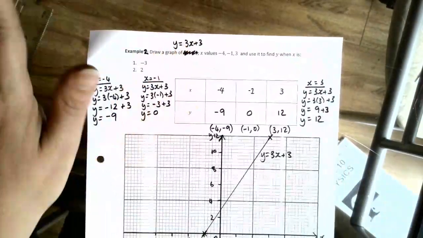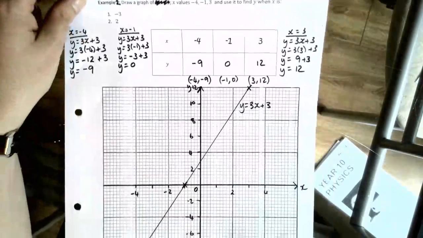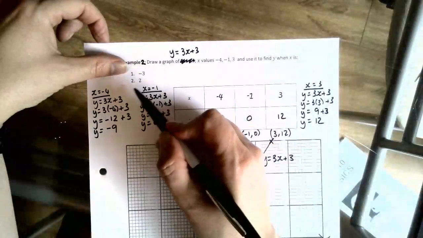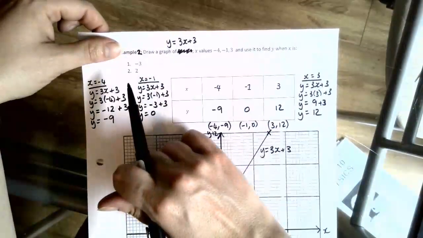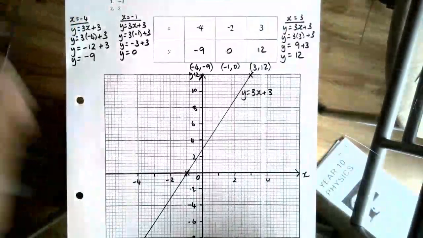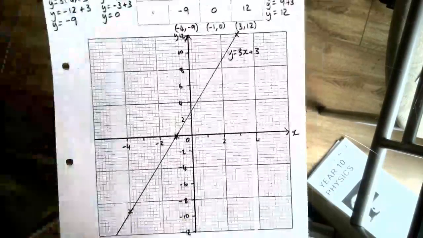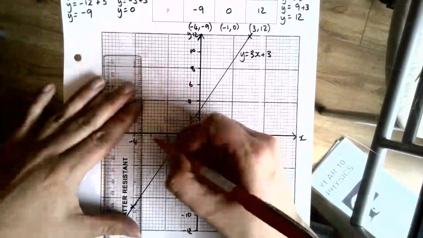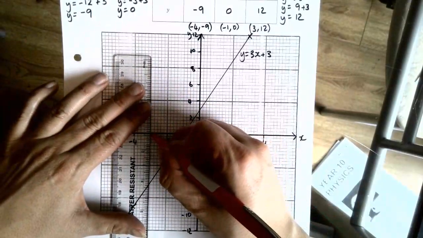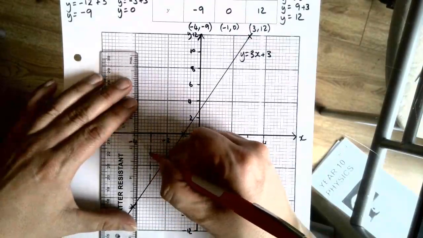Okay. Now, that's not quite us finished because we had to draw the graph. But then do you remember up here, we also have to find y when x is minus 3. So to do that, we go to minus 3 on our x-axis, which is here. And then go down until we hit our graph.